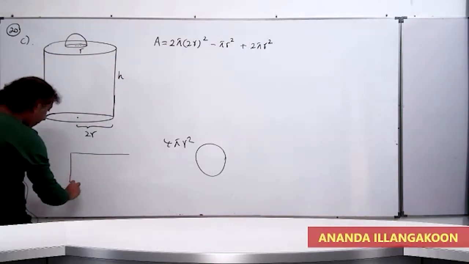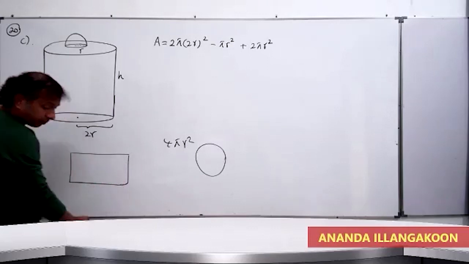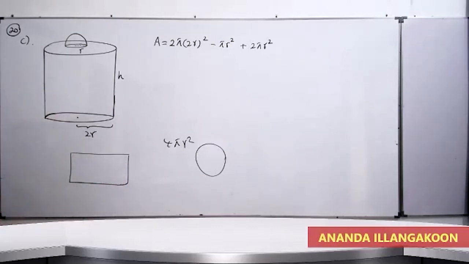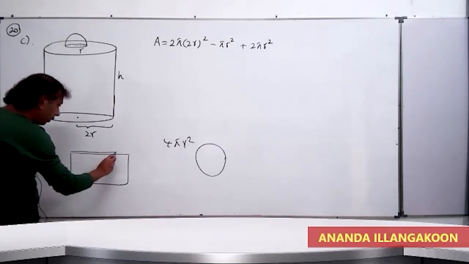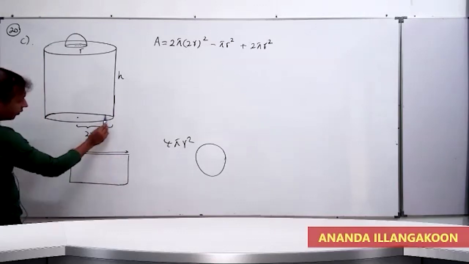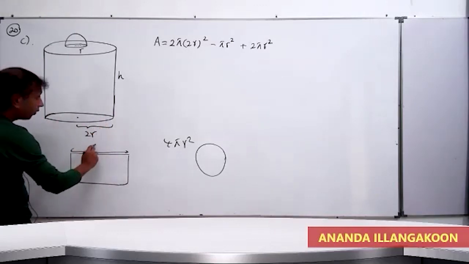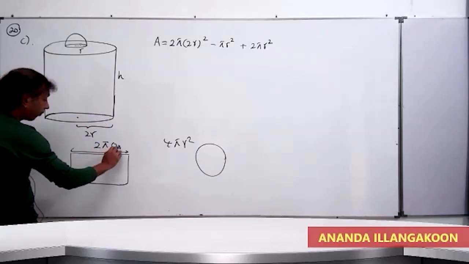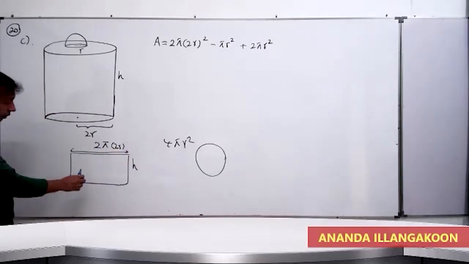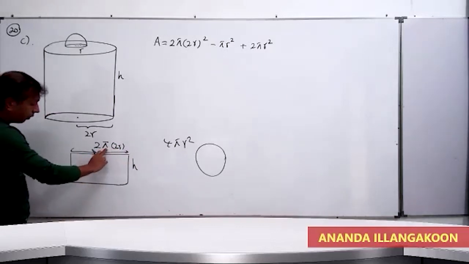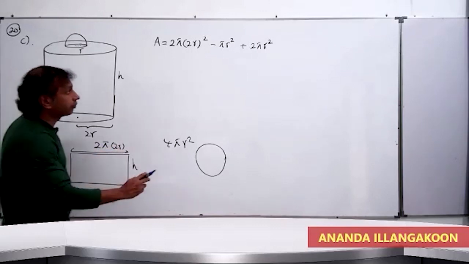A rectangle. Its length is going to be the circumference of this, 2 pi times radius 2r, and the height is h. Then the product we get is 4 pi rh.